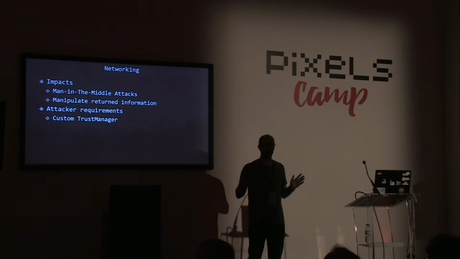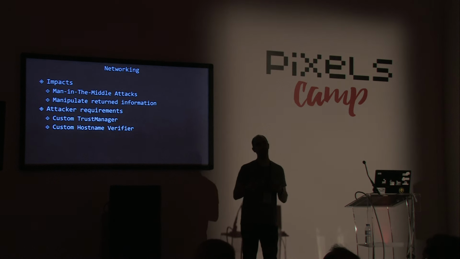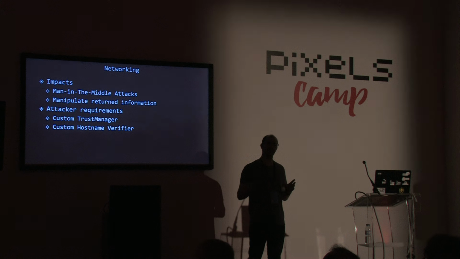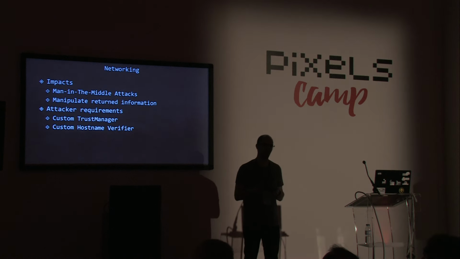It could be a self-signed certificate, and the application is going to accept it without validating anything. In the other scenario, the attacker needs to present a valid certificate, but it could be a completely different one. So your application is connecting to pixels.camp, and you could have a certificate presented for evil.camp, and the application would allow the communication.